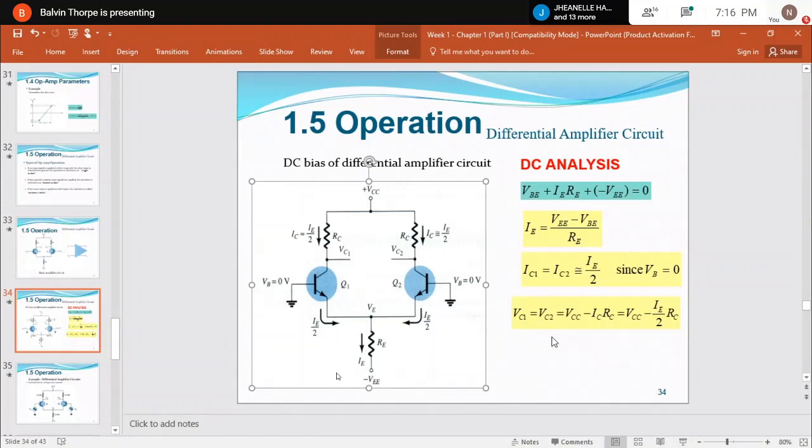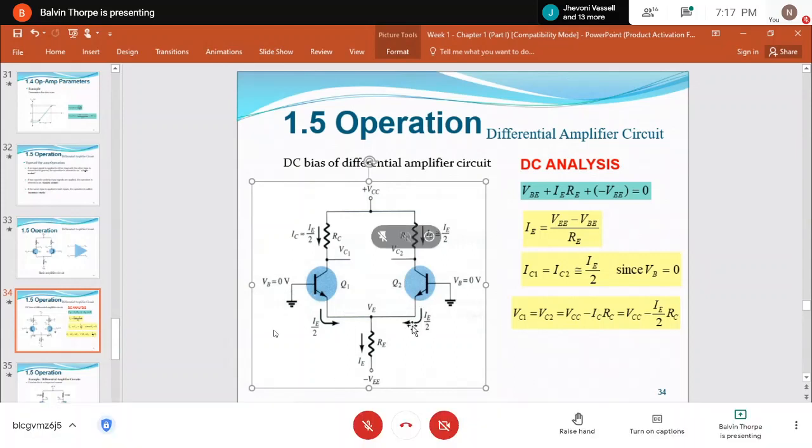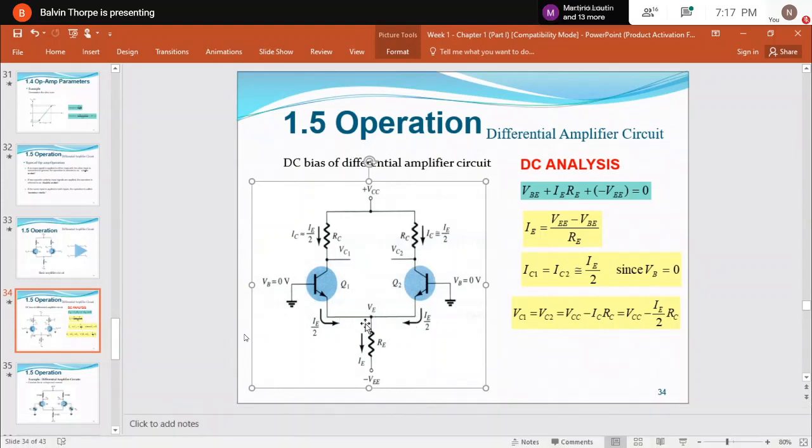And that's why we have IE over 2, because it's actually two emitter currents. It's IE divided by 2 because the two transistors are utilizing the same common emitter. They're tied to one emitter, so that current is going to be divided by 2. That's how we get this value, IE over 2.